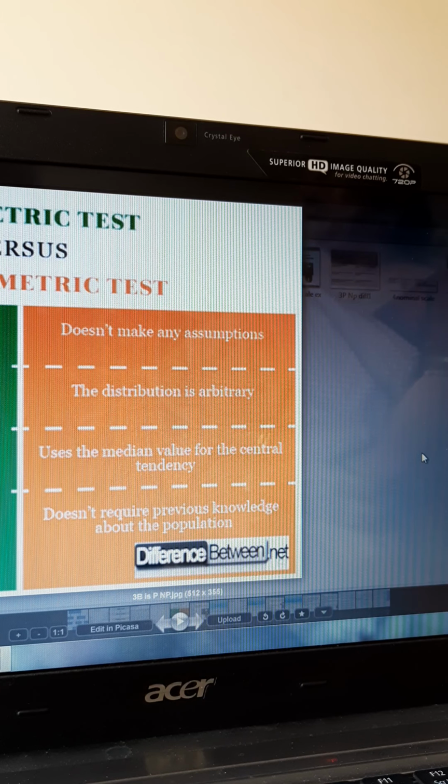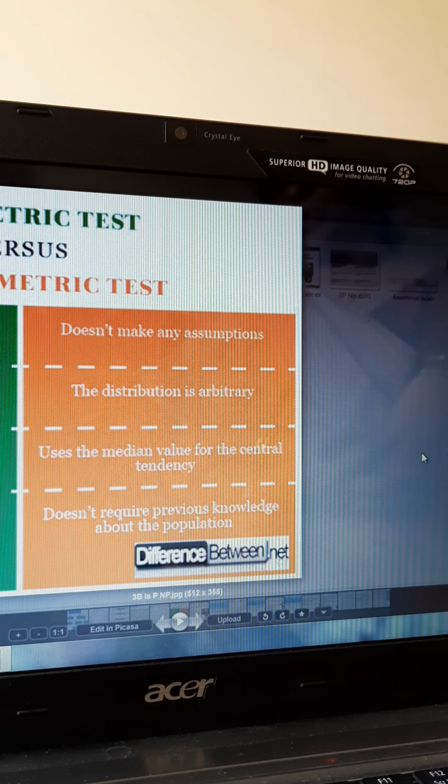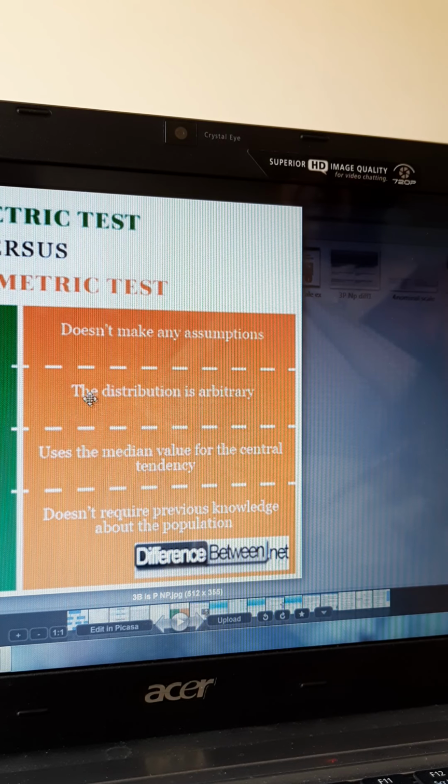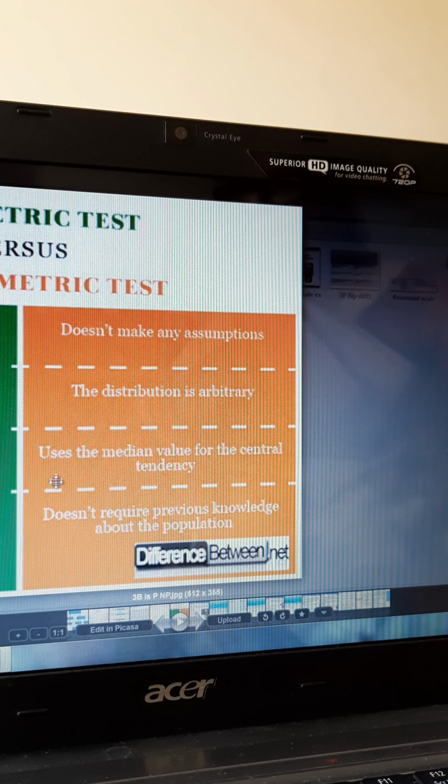You don't know about it. You have a doubt about the distribution. Then you use non-parametric tests. If you already know the distribution, then you use parametric tests. So distribution of the population you don't know, so you are using non-parametric.